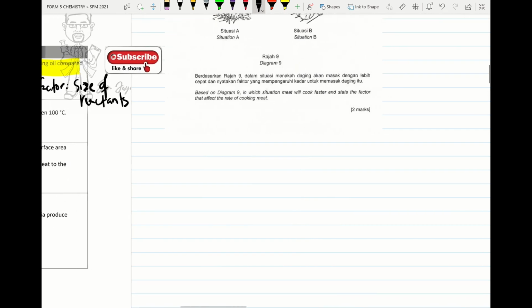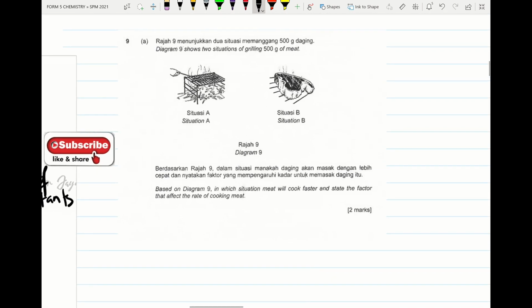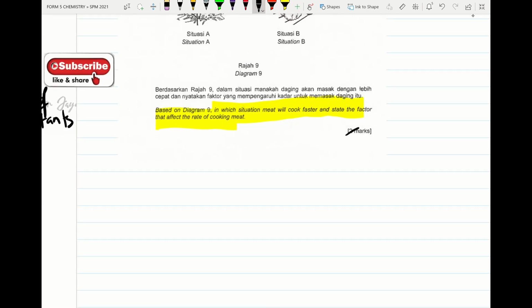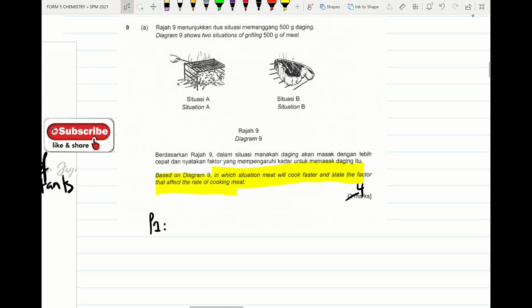Let's check this question. Based on Diagram 9, in which situation does the meat cook faster, and state the factor involved. Here I try 4 marks. P1: the meat in situation A is smaller. Here is uncut, this is uncut, so it has smaller TSA.